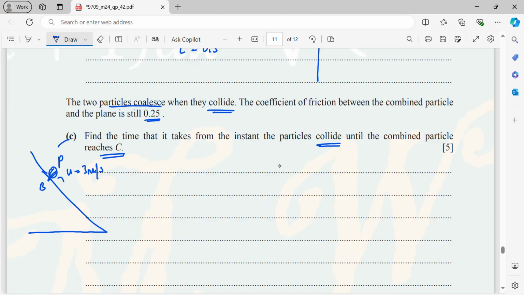Now, it will travel for t equals to 0.5. Then it will collide with the Q. Okay, this is Q. This is P. Then now, probably I have to redraw, enlarge the diagram.